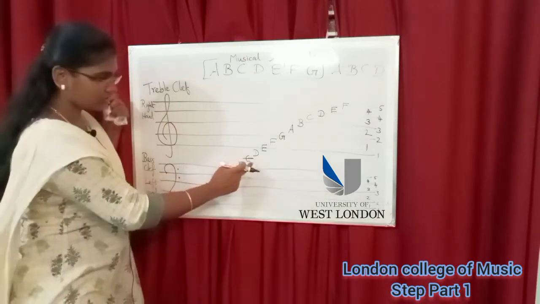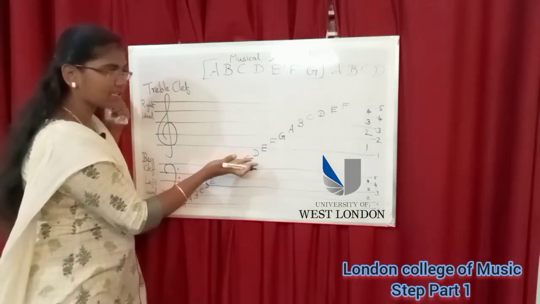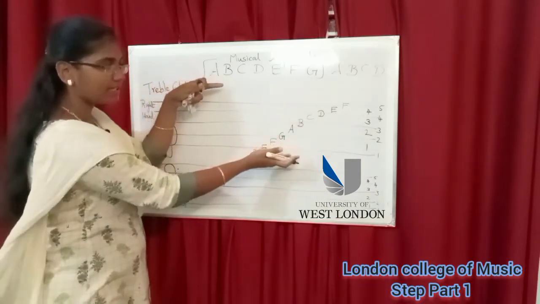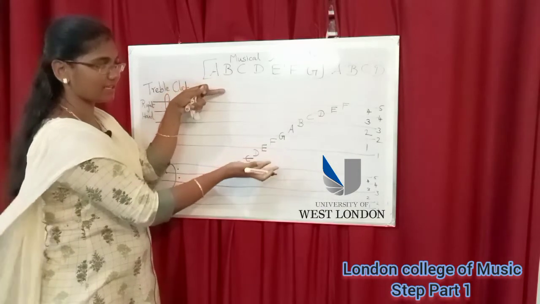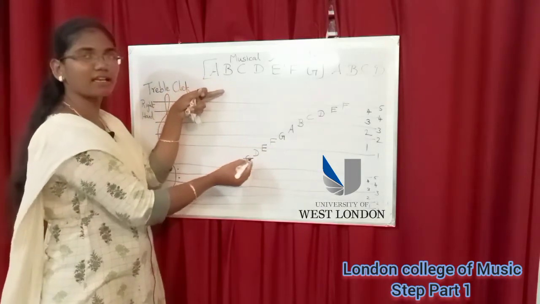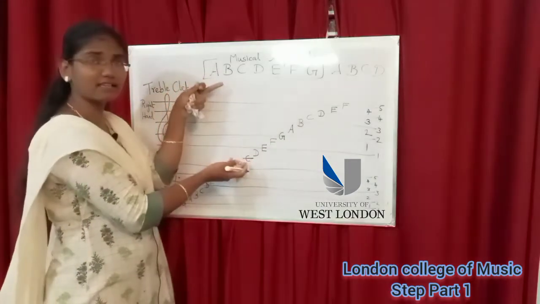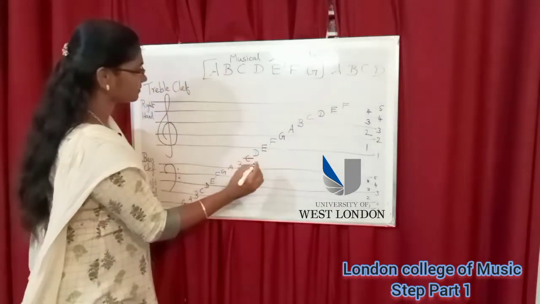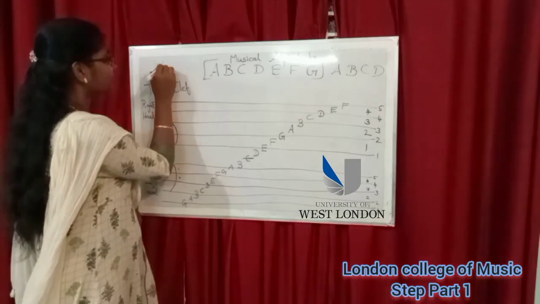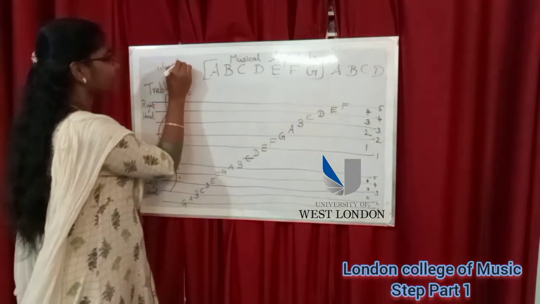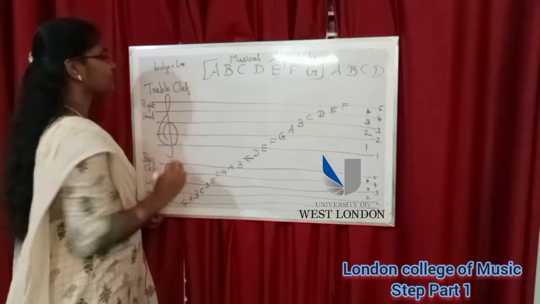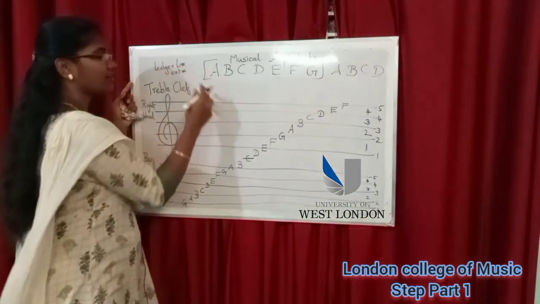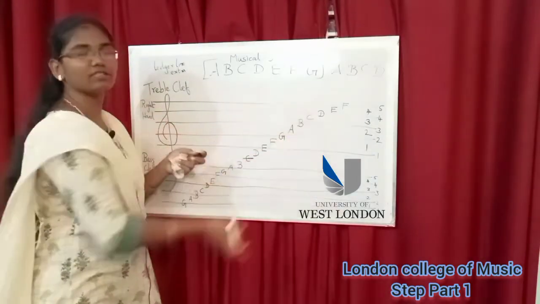So this is our middle C. In the right hand, the middle C is placed below the first line, and we draw an extra line. This extra line is called a ledger line. It is the extra line other than our five lines in both clefs.